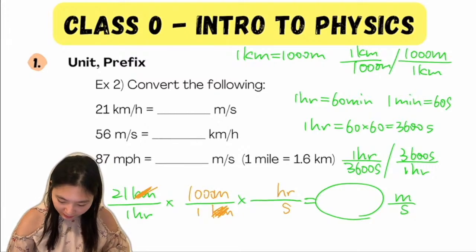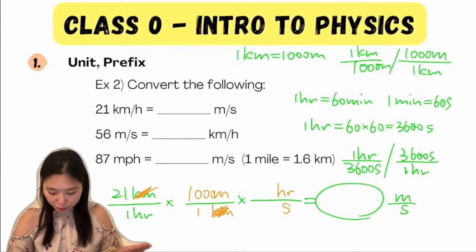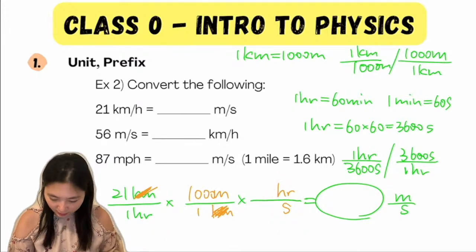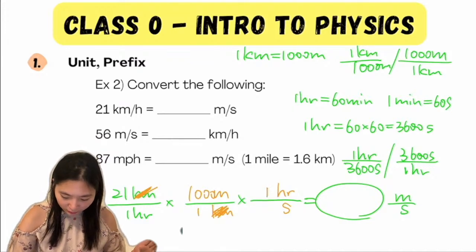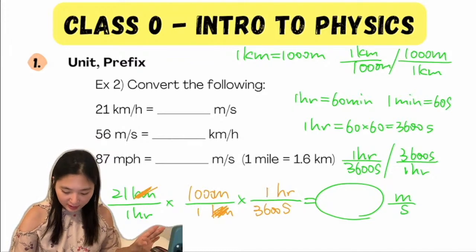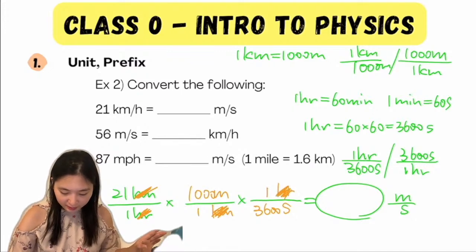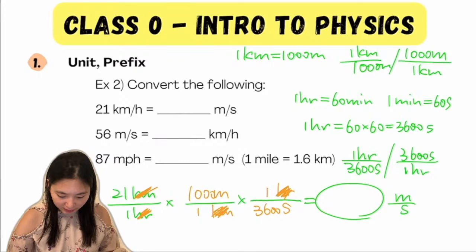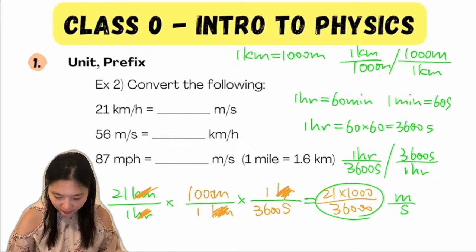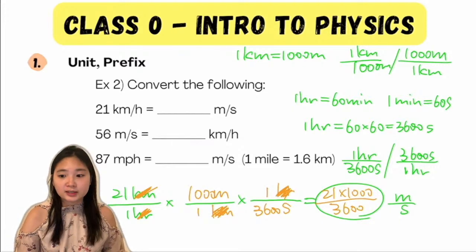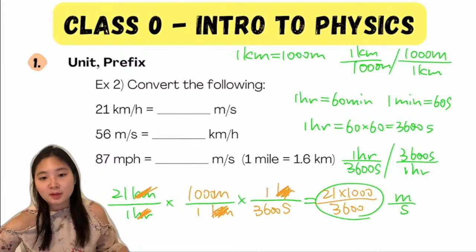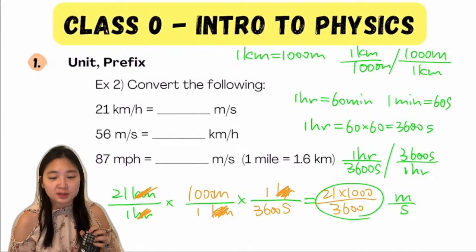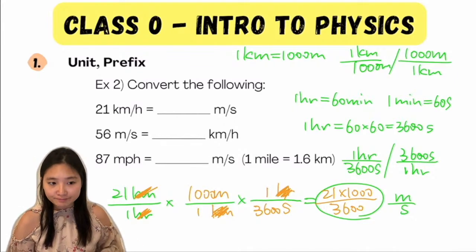Out of these two, which one fits? Hours per second, that's going to be the first one. So now it becomes 1 hour over 3,600 seconds, and the hours are canceled out. As for the numerical value, it just becomes 21 times 1,000 divided by 3,600, and the unit is meters per second. I'm not going to deal with the arithmetic part because everyone can do it using a calculator.